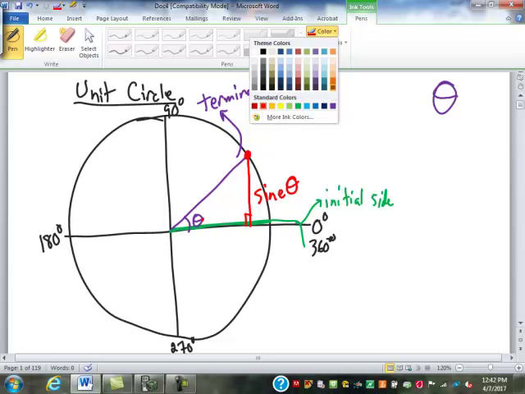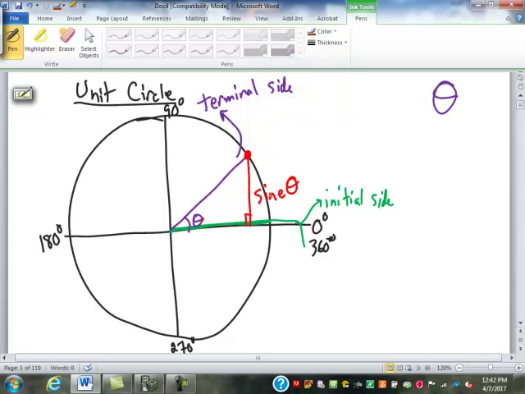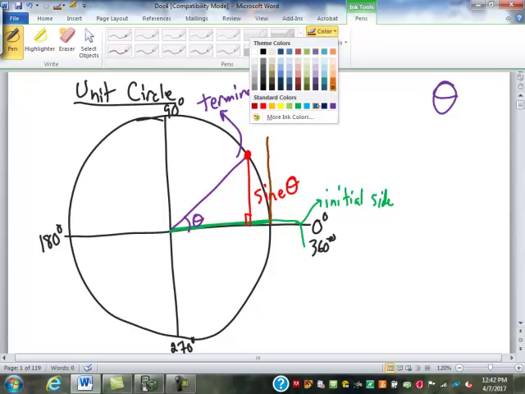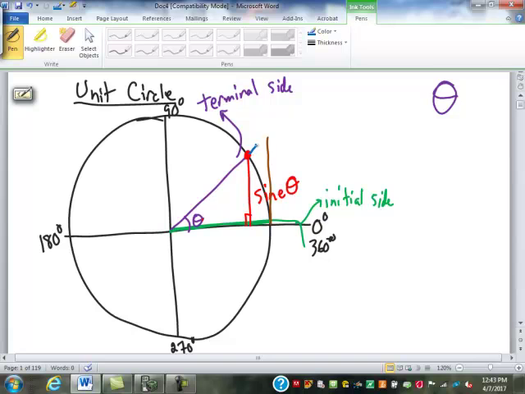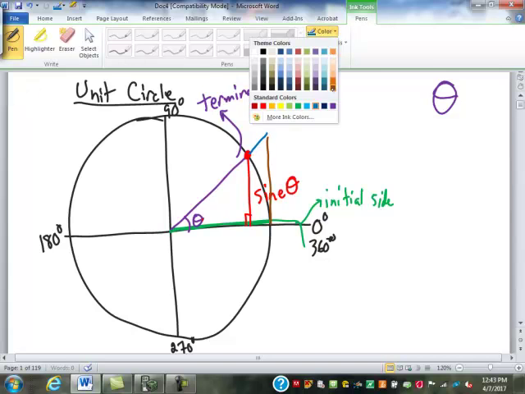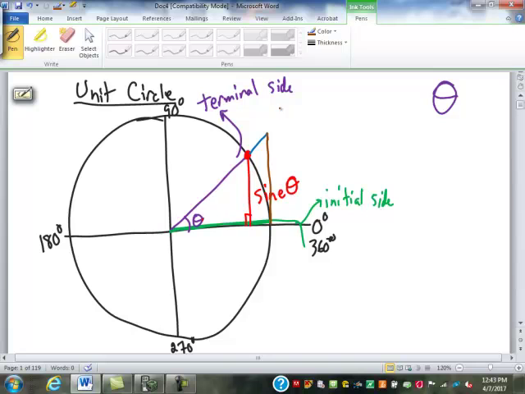Now, of course, a tangent touches the circle, and it's tangent to the circle at this initial side here. How do we know where to end it? Well, we end it where it intersects that line. So the tangent starts at the point of tangency and goes up until it intersects that terminal side if we extend it. The length of that is the tangent of that angle.